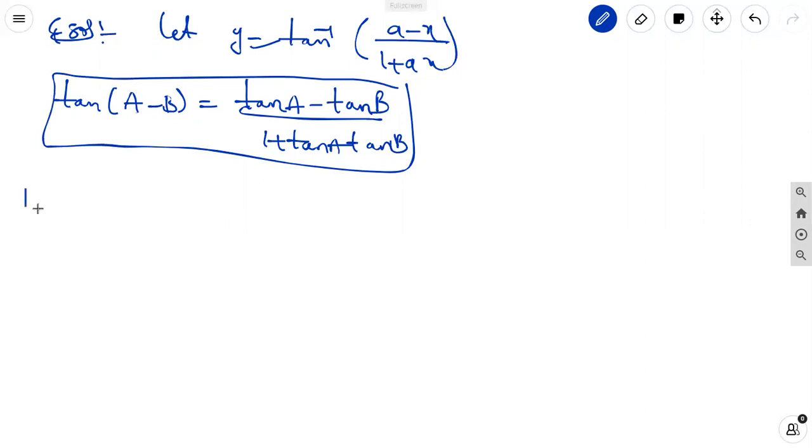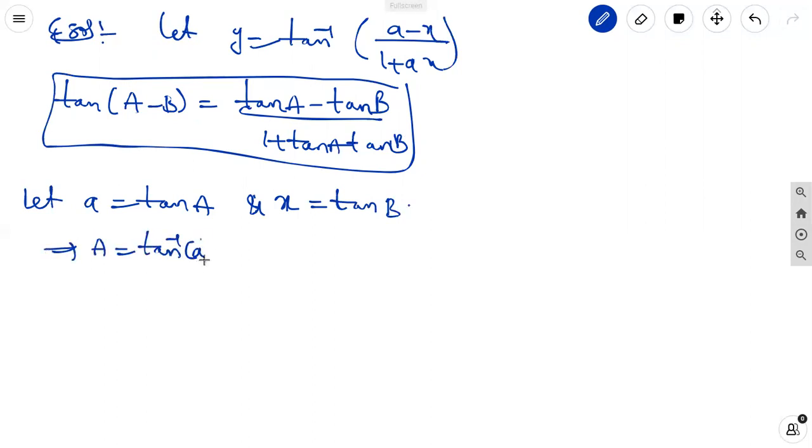Here suppose let a equal to tan A and x equal to tan B. From this, capital A equal to tan inverse of small a and capital B equal to tan inverse of x.